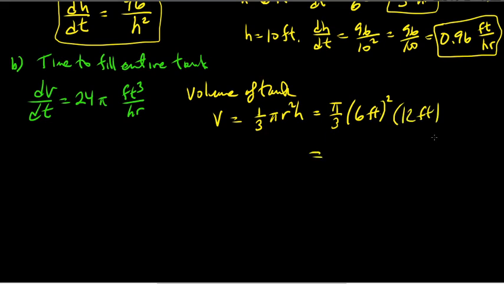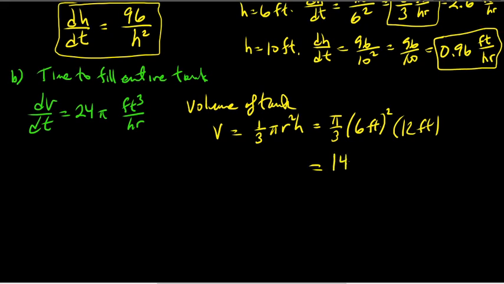So putting this all together, we're going to get, let's see, 6 times 6 is 36, times 12 is 432. 432 divided by 3 is 144. 144 times pi. And then we have square feet times feet, that's cubic feet.